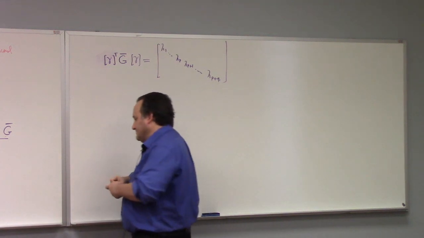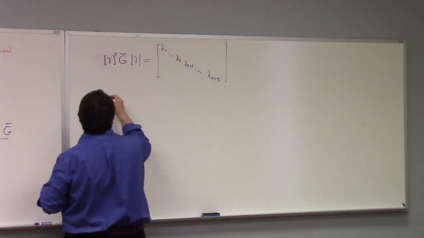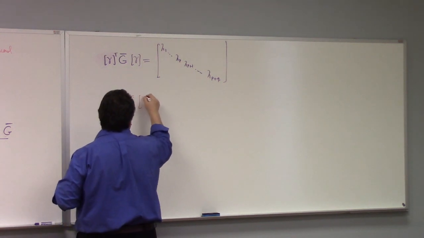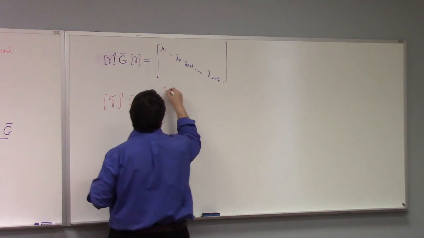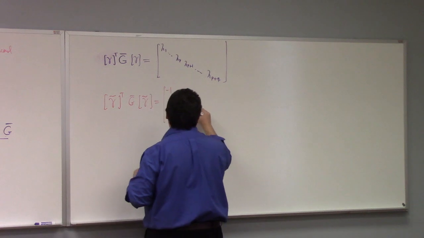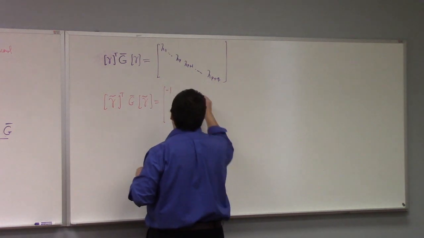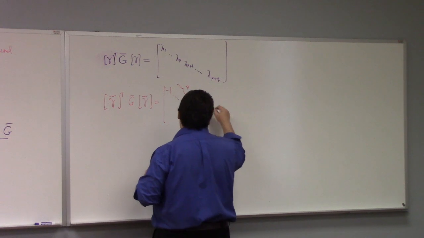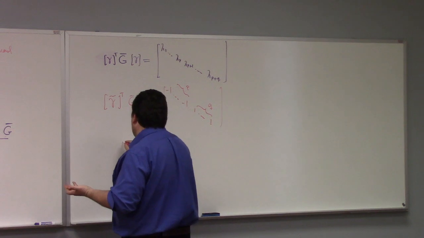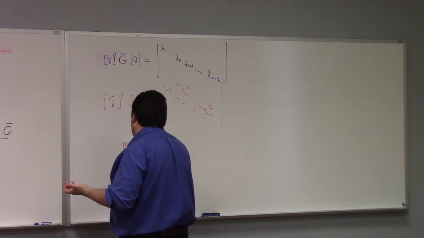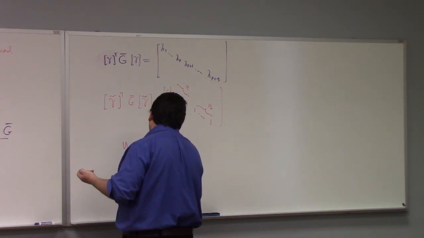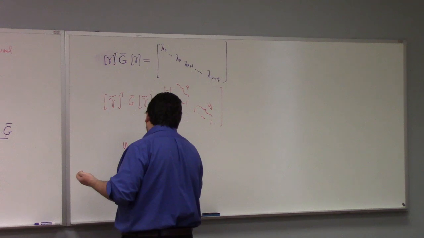I want my new basis gamma tilde to satisfy gamma tilde transpose G bar gamma tilde equal to minus 1, p-fold, and then 1, q-fold. It's pretty easy to figure out. y sub i is equal to x sub i divided by the square root of the absolute value of lambda i.